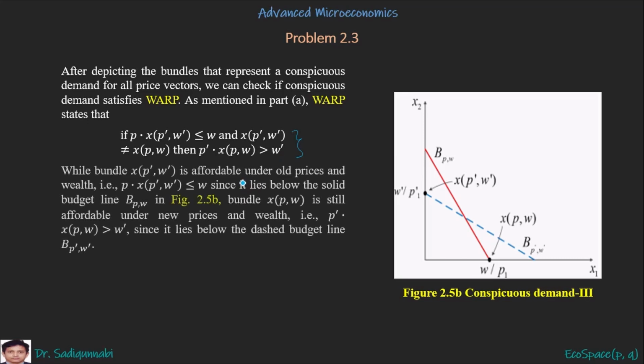bundle X P prime W prime is affordable under old prices, since it lies below the solid red line.